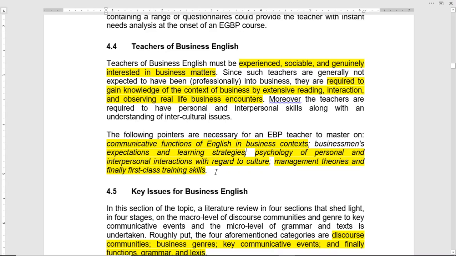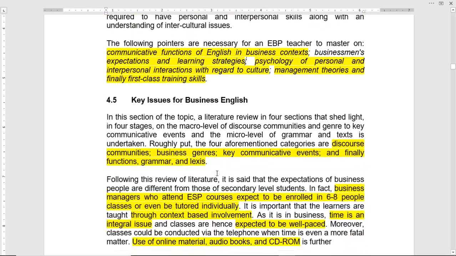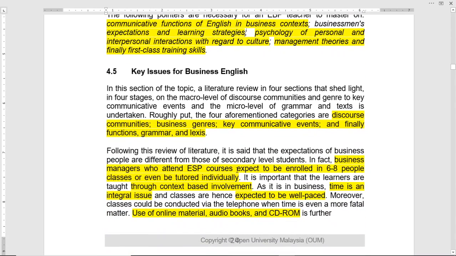So let us move to key issues for business English. There are some categories. Discourse communities, that means language is used, let us say the Americans, and then who are non-native English learners, or people who communicate in English, but their English is their second language.